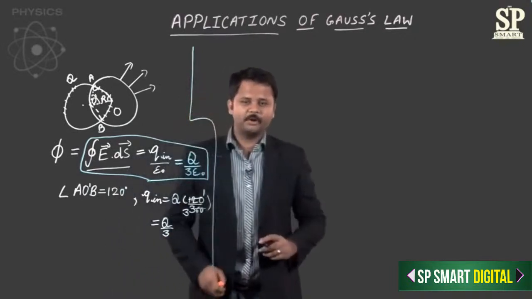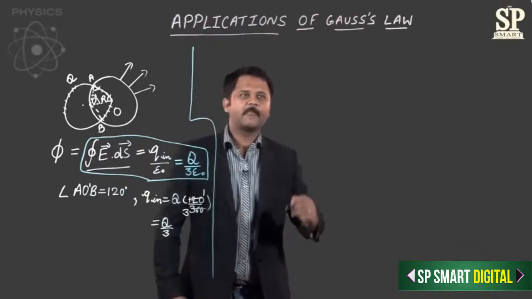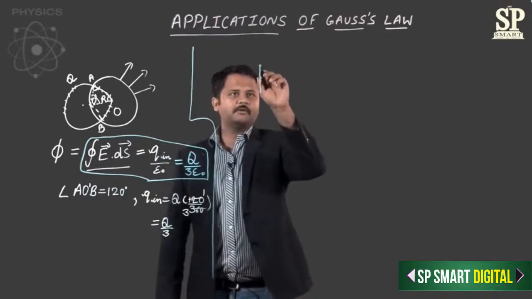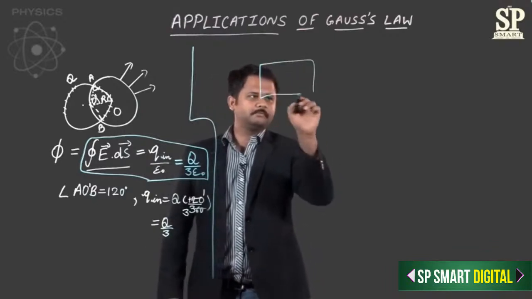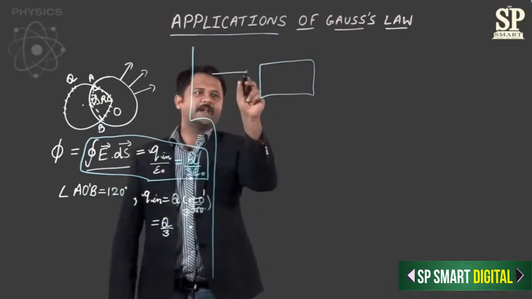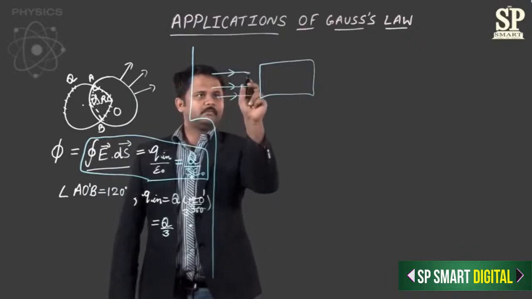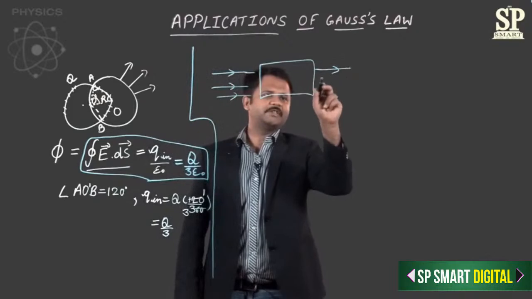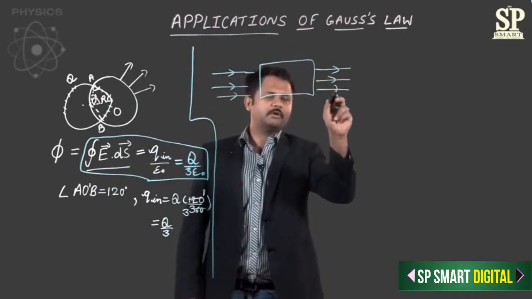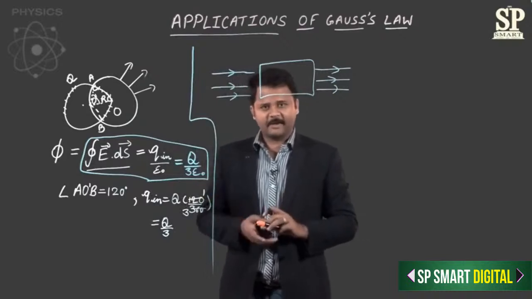This time in our example, let's consider what happens in the case of a conductor. So let's say we have this block, and then this block is exposed to external electric fields. We have studied this similar situation when we were studying about the medium and the effect of medium on calculating the electric flux.